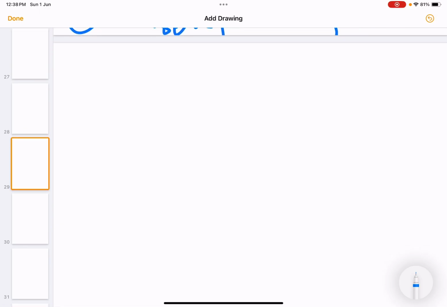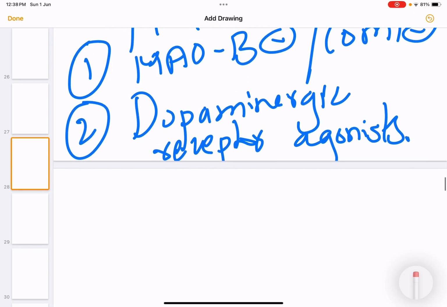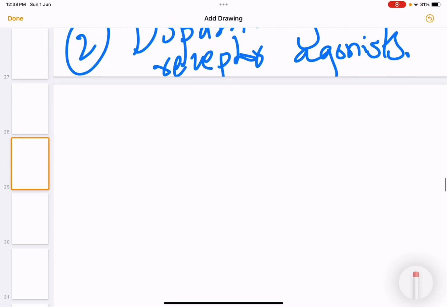Earlier there was a concept of drug holiday, where when the effect of levodopa is wearing off, you give a drug holiday and restart levodopa after a few weeks. But this concept is not recommended anymore. Instead we follow these two approaches: either we add an MAO-B inhibitor or COMT inhibitor, or we add a dopaminergic receptor agonist. We can add both also.